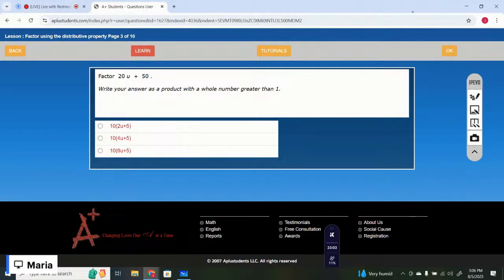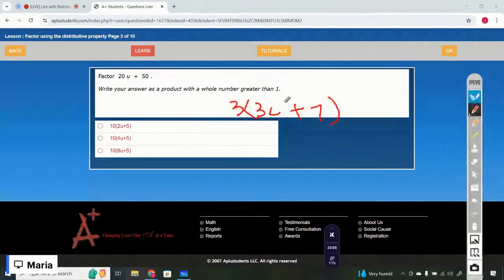Factor 20u plus 50. Let's just take common 10. 10 times 2 is 20 and 10 times 5 is 50. 10 times 2u plus 5.